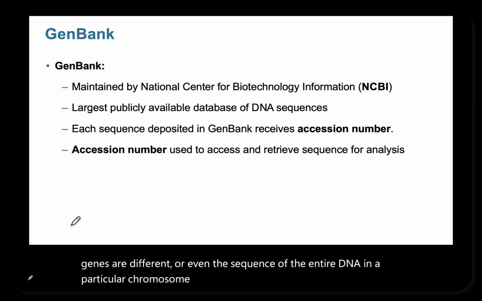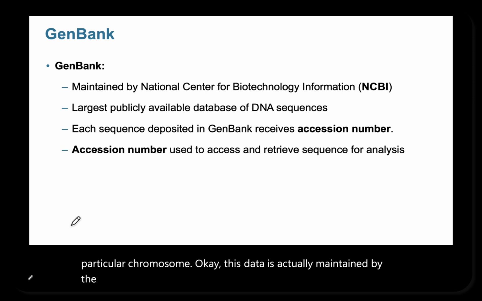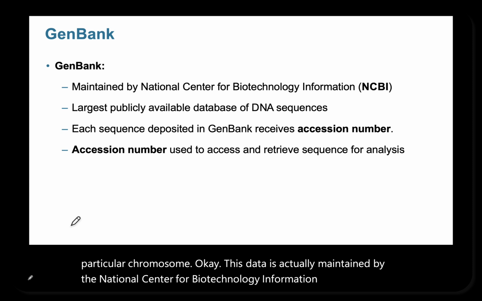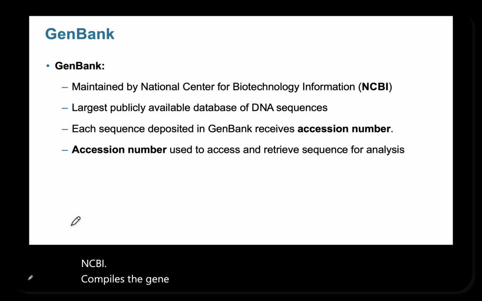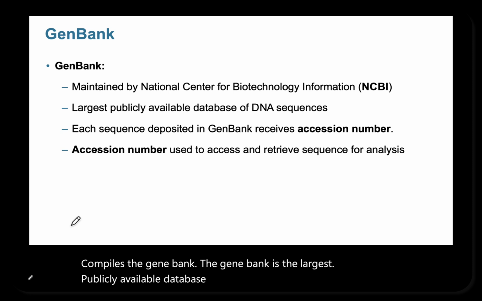This data is actually maintained by the National Center for Biotechnology Information, or NCBI. The NCBI compiles the gene bank. The gene bank is the largest publicly available database of DNA sequences.